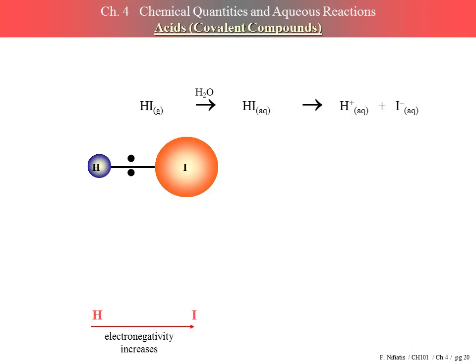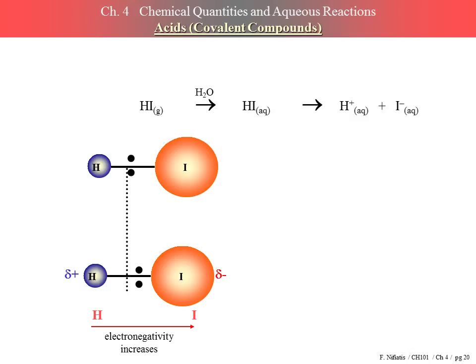Basically, atoms that are closer to fluorine, with the exception of the noble gases, tend to be more electronegative than those that are farther away from fluorine. What does electronegativity mean? When it comes to covalent bonding, the more electronegative atom pulls its electron pair closer to itself. What does it mean?